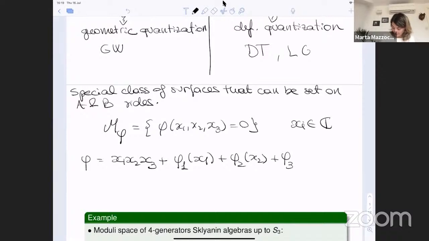These surfaces are affine del Pezzo surfaces.